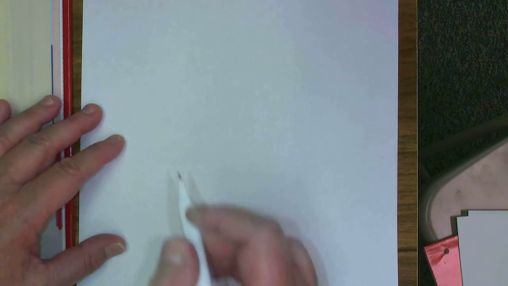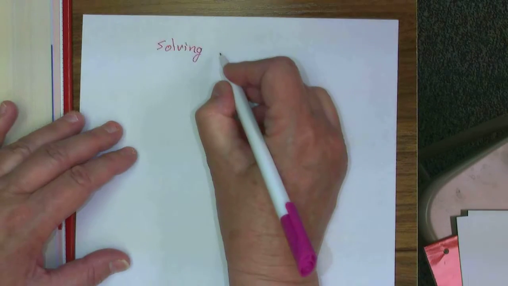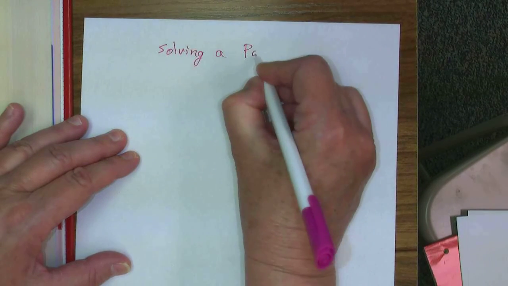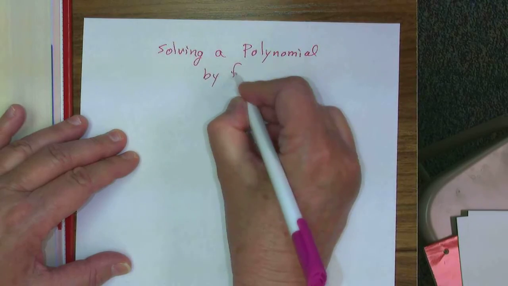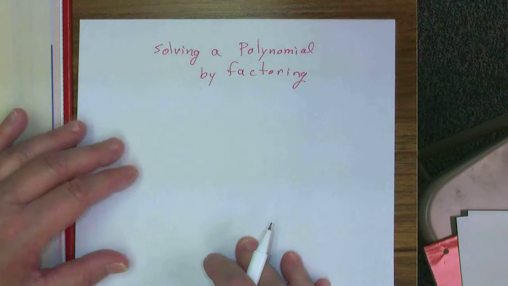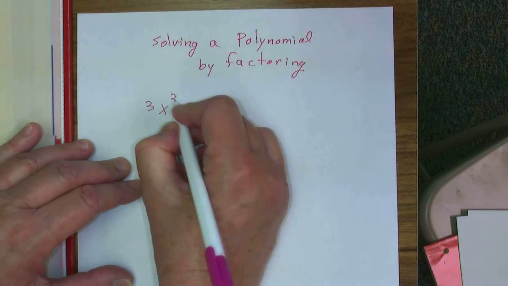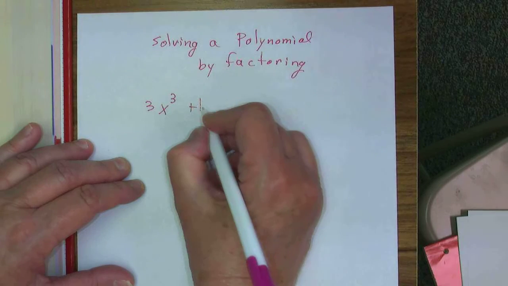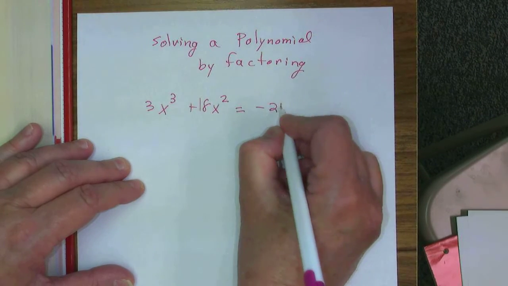Now, let's look at solving a polynomial by factoring. So let's take this first example, 3x cubed plus 18x squared equals negative 24x.